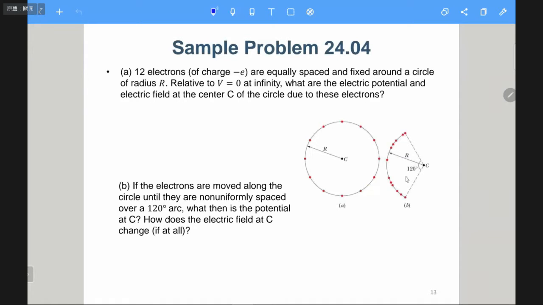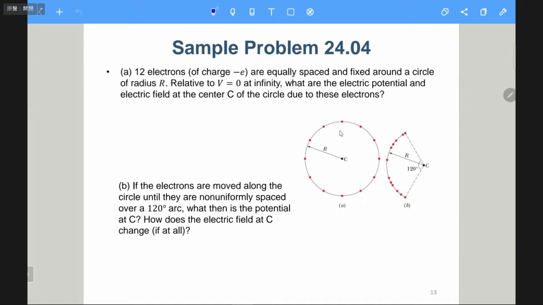We have 12 electrons equally spaced and fixed around a circle of radius R, relative to V equals 0 at infinity. What are the electric potential and electric field at the center C of the circle due to those electrons?